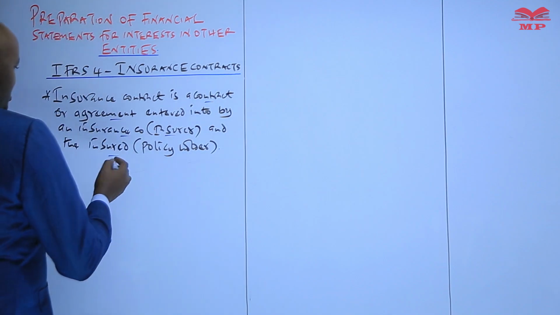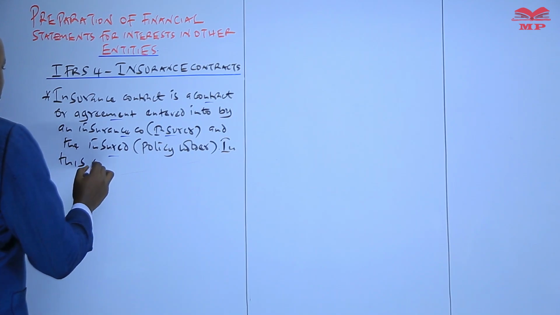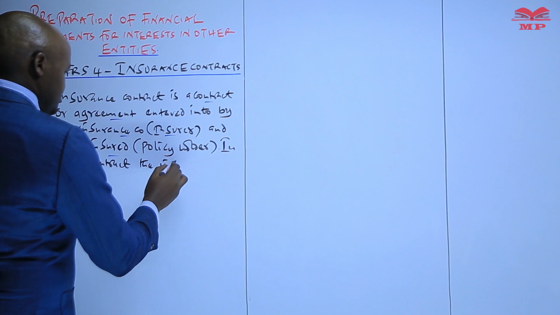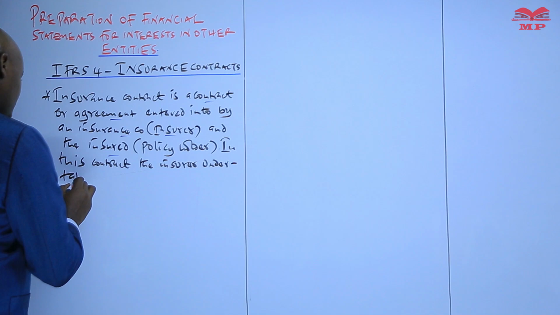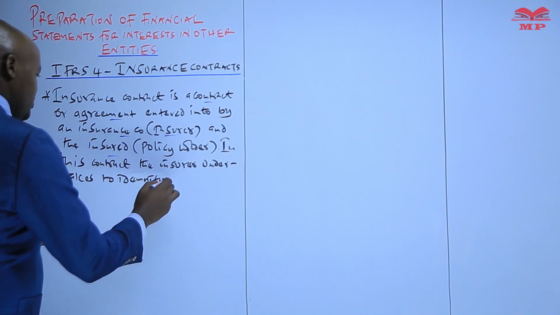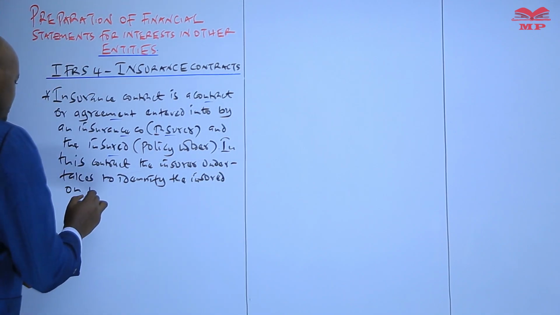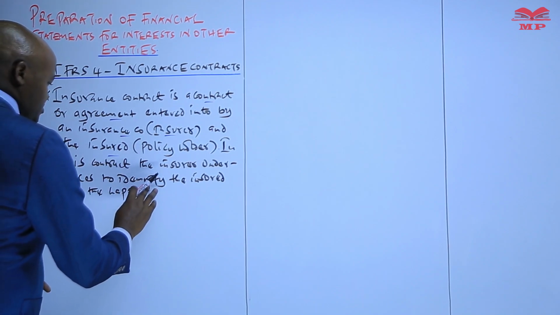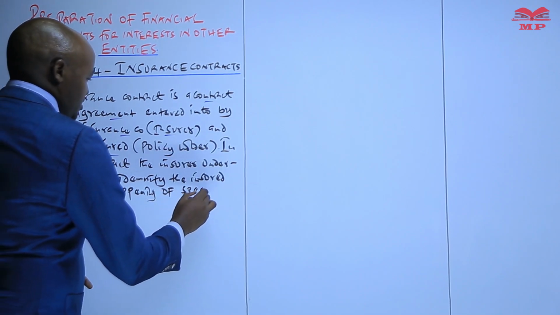So we can say in this contract, the insurer undertakes to indemnify the insured on the happening of a specified contingency.